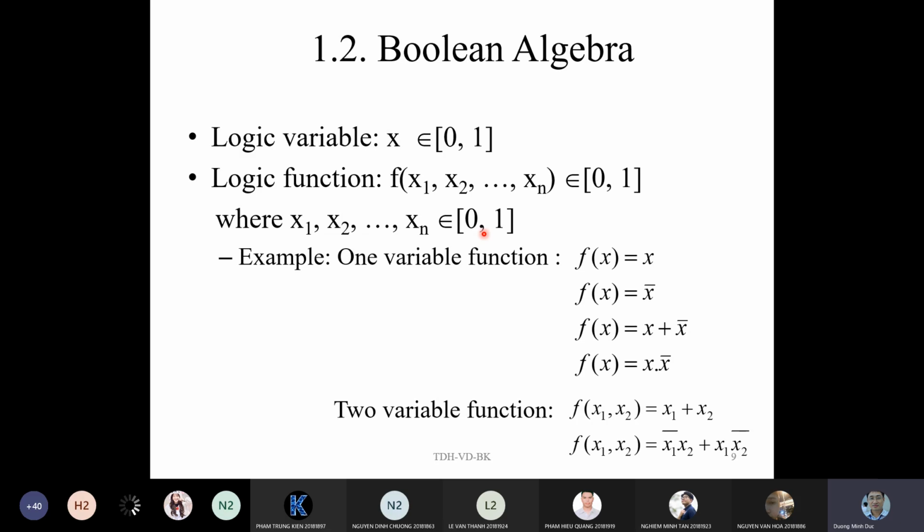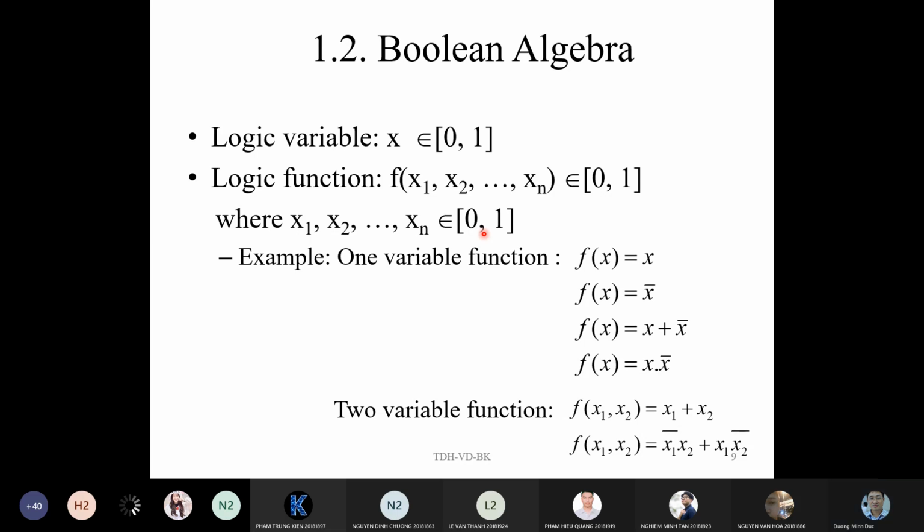So these are the two conditions. First, the variables must be logical variables, and second, the result, the value of the function, is also logical. It means that a logical function is a relationship among logical variables.